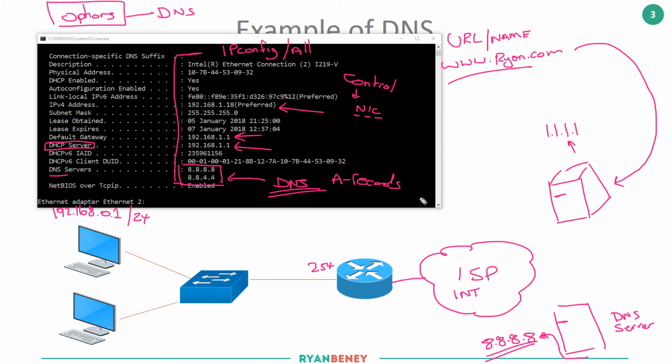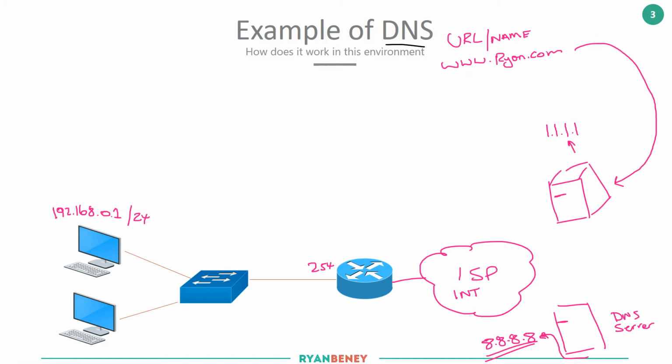Okay, so let's get back. So let's go over the step-by-step of how this PC down here will communicate with Brian.com. Now, first of all, what's going to happen is we bring up a browser and we type in www.brian.com, and that's going to initiate the HTTP GET message, and that GET message is going to be what we refer to as our layer 7, our layer 6, and our layer 5.